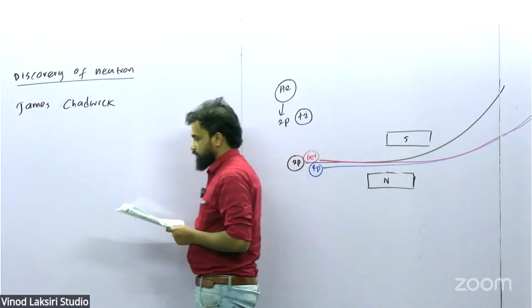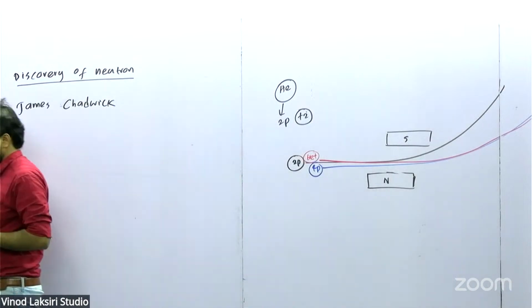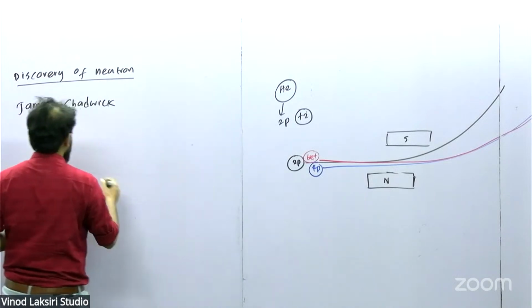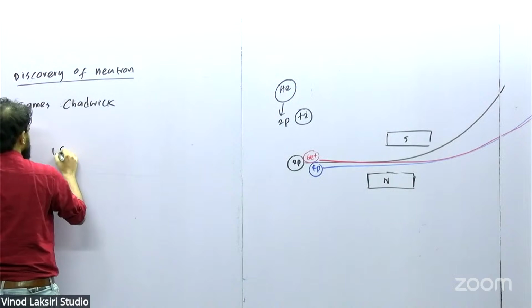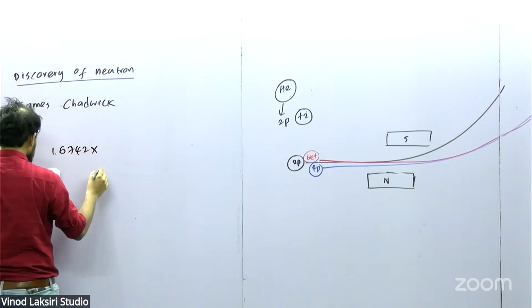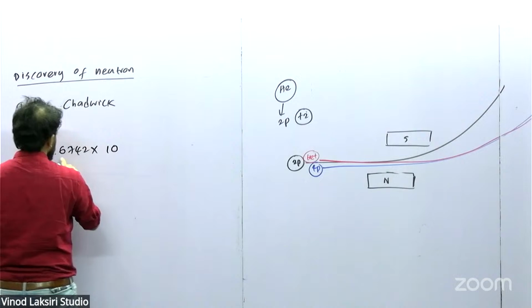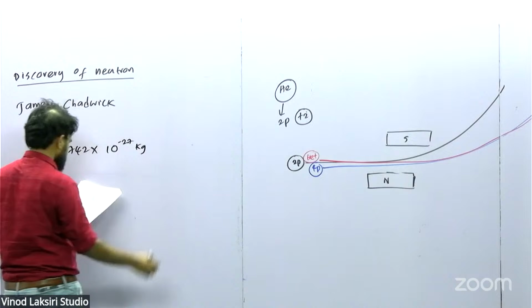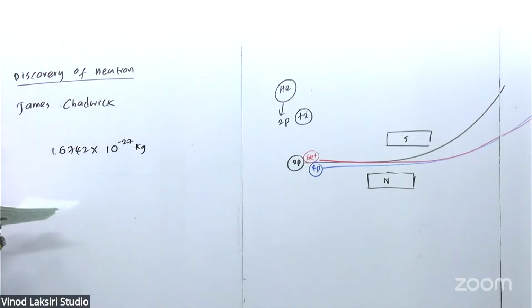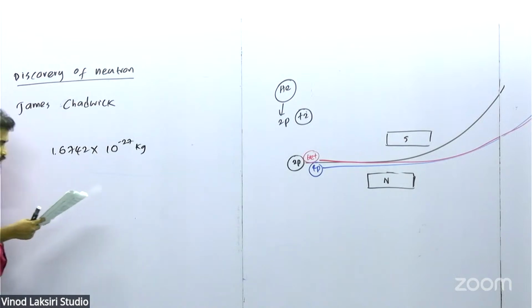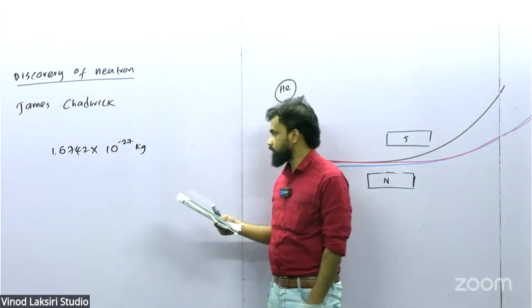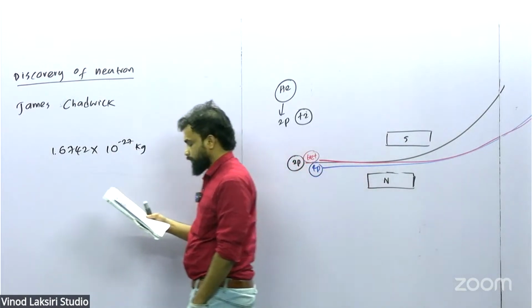Its charge is 0, and its mass is 1.6742 into 10 to the power minus 27 kilogram.